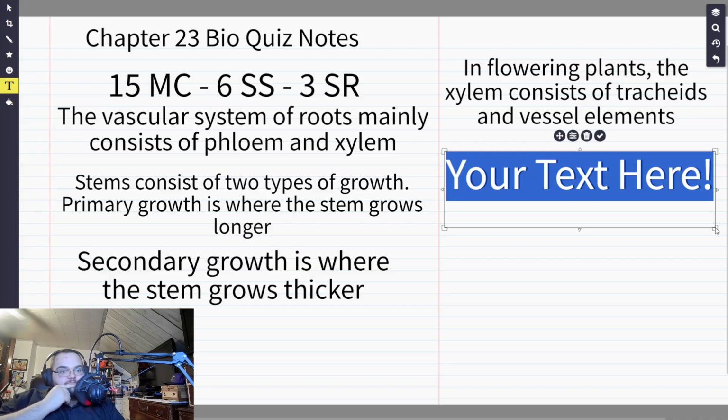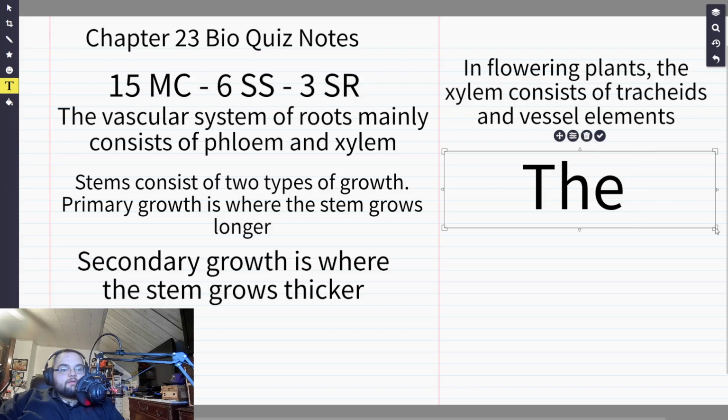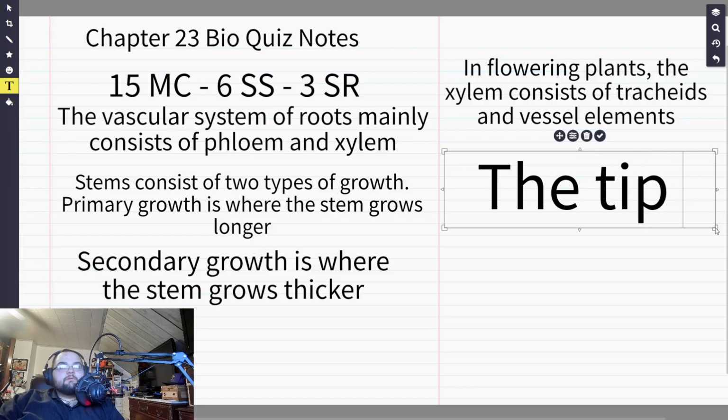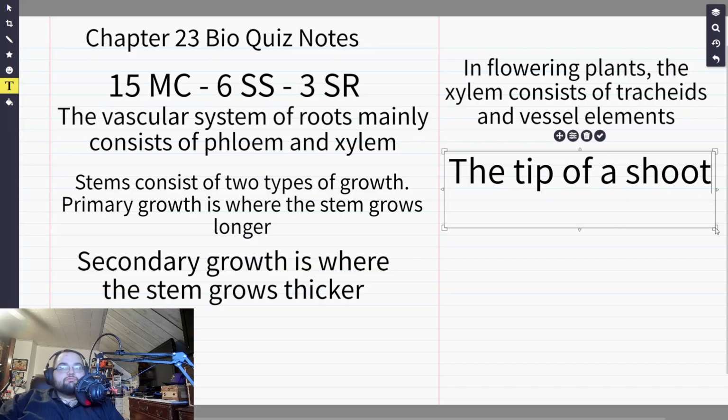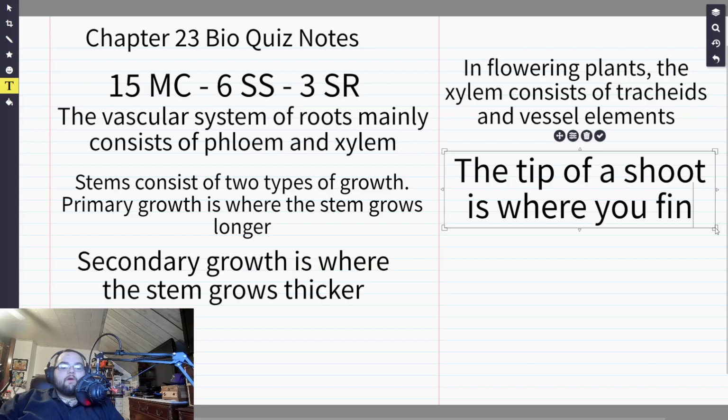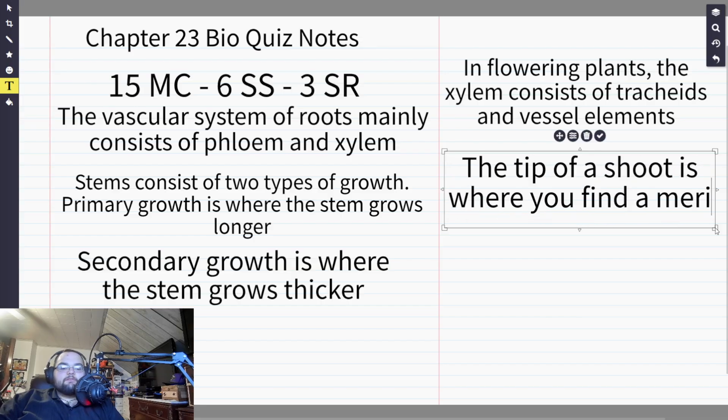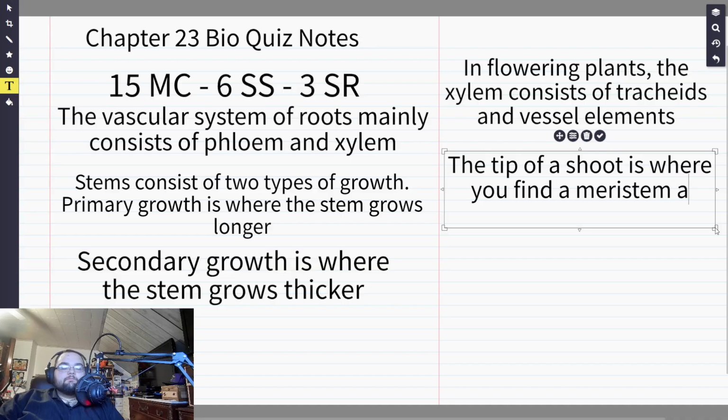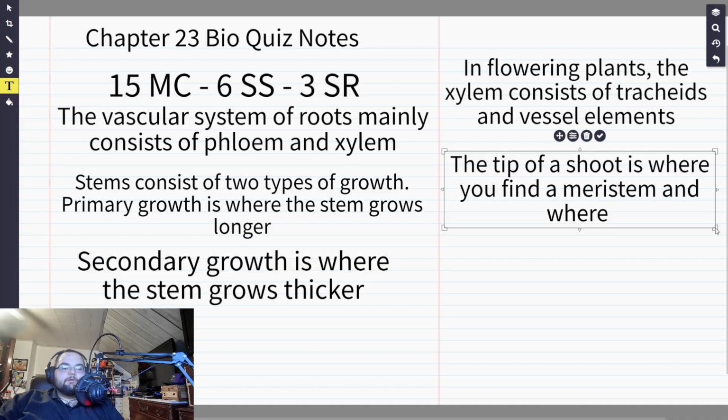Let's see. The tip of a shoot is where you find a meristem and where mitosis occurs.